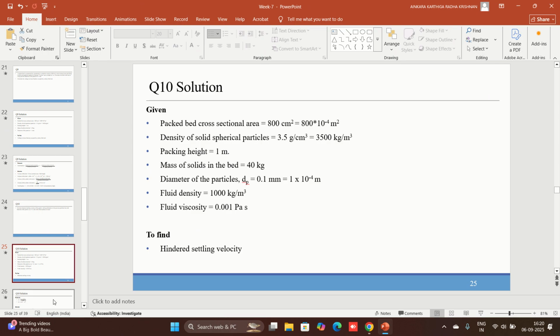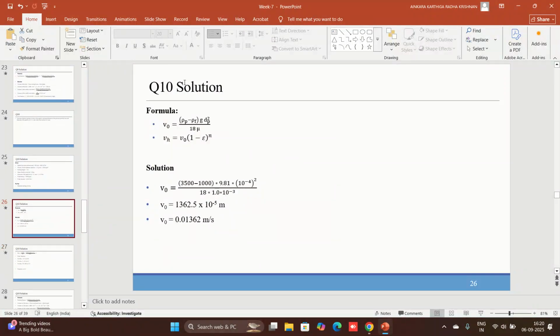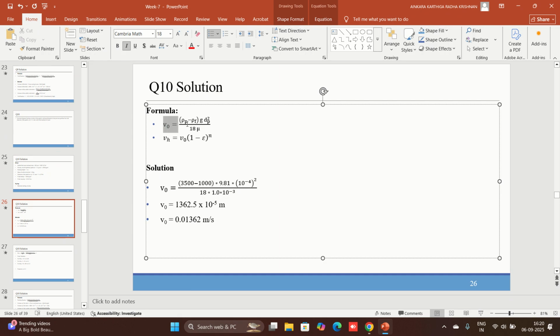Now we will go to finding the hindered settling velocity. We know the free settling velocity as rho p minus rho f into g into dp square by 18 mu. From the free settling velocity, we can calculate the hindered settling velocity, as free settling is equal to hindered settling into 1 minus epsilon to the power of n.